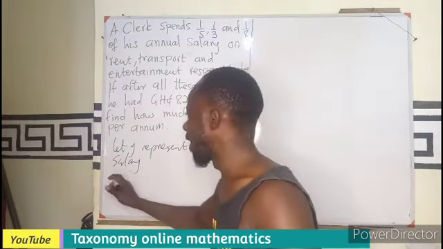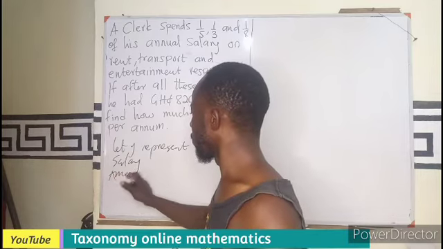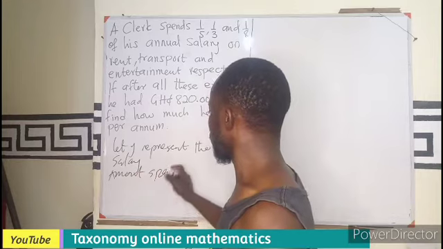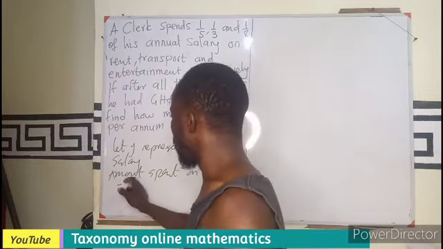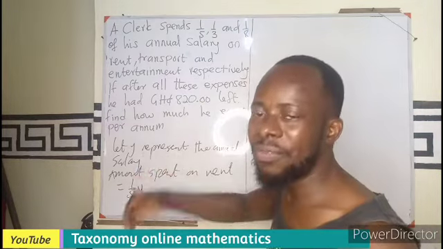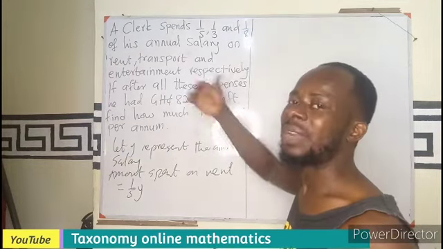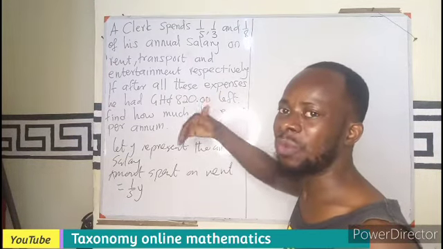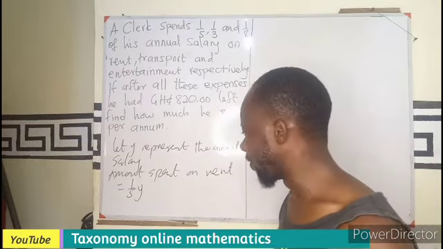That simply means that the amount spent on rent is going to be 1/5 of y. If we divide that money into 5 parts, he is using 1 part of it on rent.